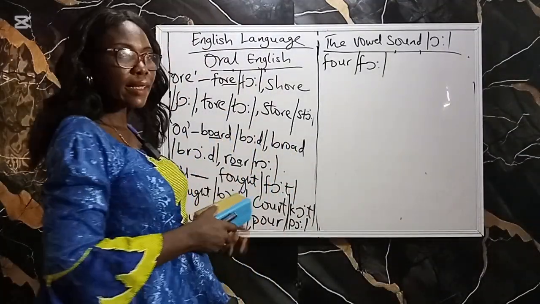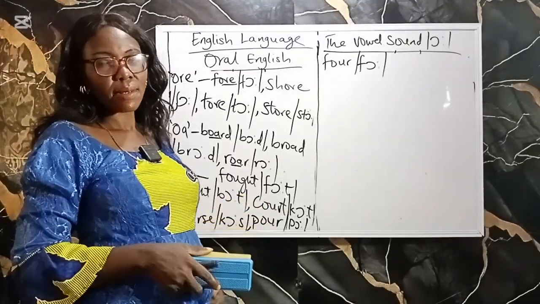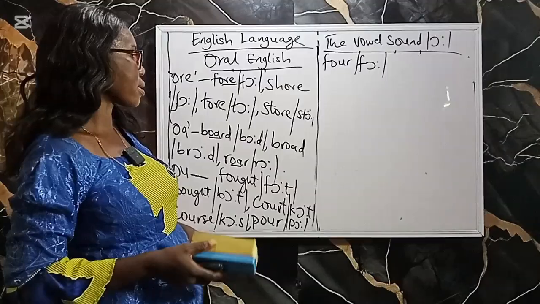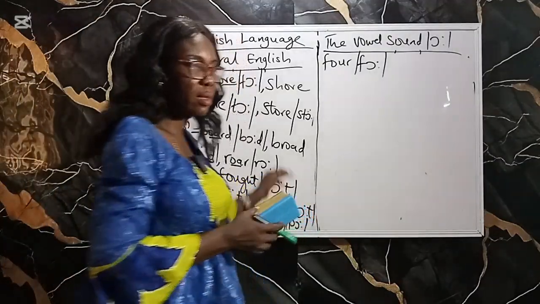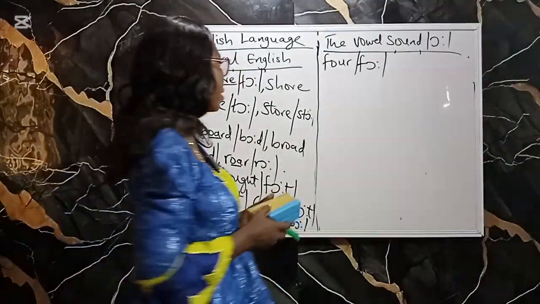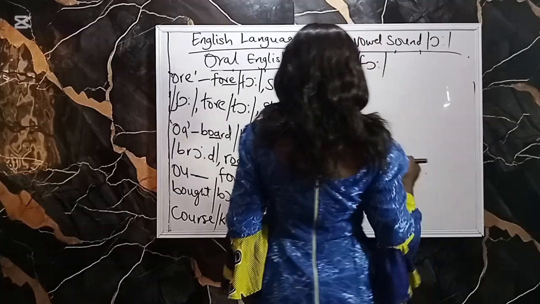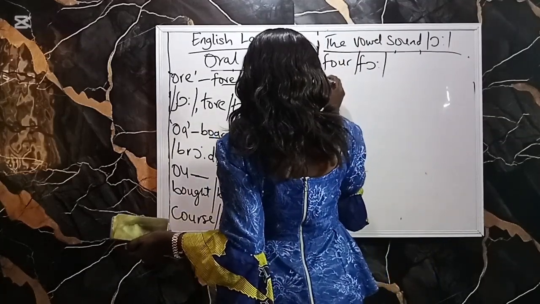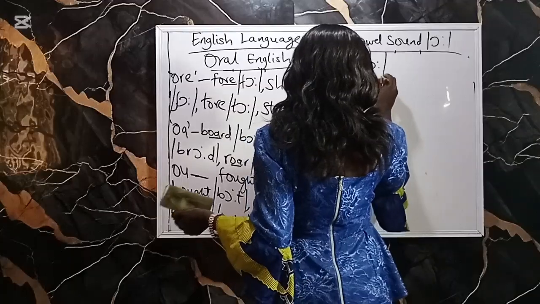Now, let's try to make sentences, maybe 2 or 3 sentences before we contrast the two to help you to differentiate them. Okay. Let's start sentences.